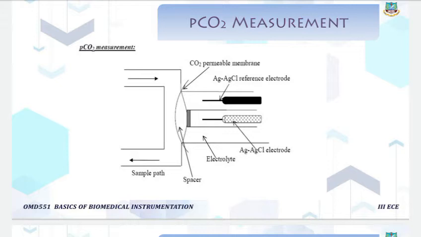It is immersed in an electrolyte solution and is separated from the sample by a carbon dioxide permeable membrane and a spacer. The spacer acts as the support for the aqueous bicarbonate HCO3 layer.